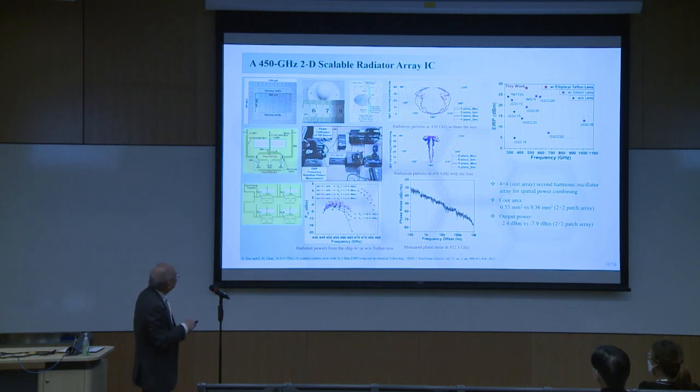We can generate a record high of close to 29 dBm EIRP. EIRP is the effective isotropic radiated power, which is a measure of how far a distance we can propagate the terahertz. The output power here now increased to 2.4 dBm, which translates to 570 microwatts or 0.57 milliwatt.